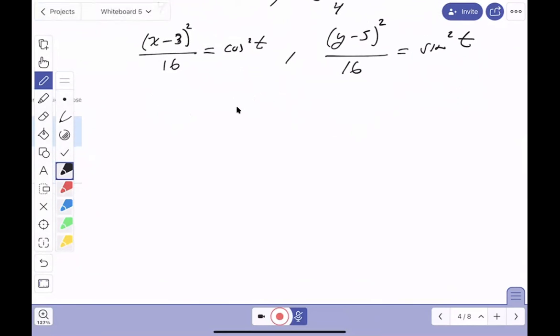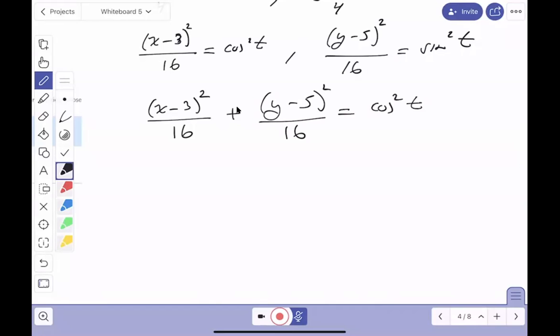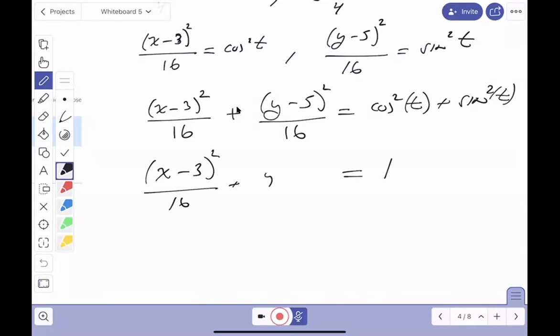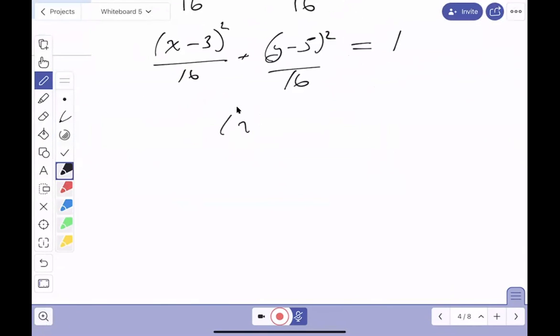So I'm going to add these two equations together, and you're going to get (x minus 3) squared over 16 plus (y minus 5) squared over 16 is equal to cosine squared t plus sine squared t. That's 1. So what do I get? (x minus 3) squared over 16. I'm going to multiply both sides by 16, and I should see something really familiar here.